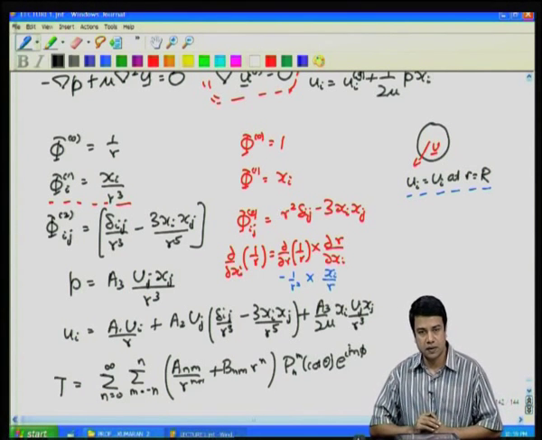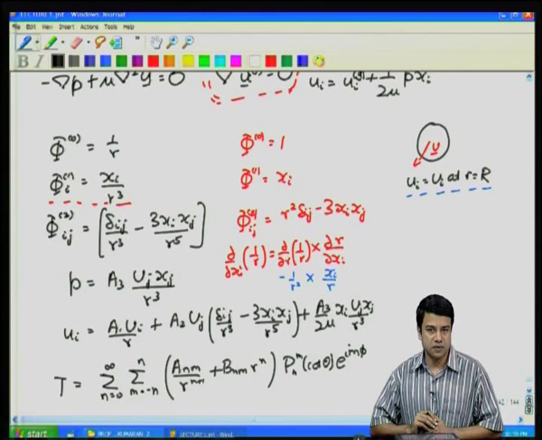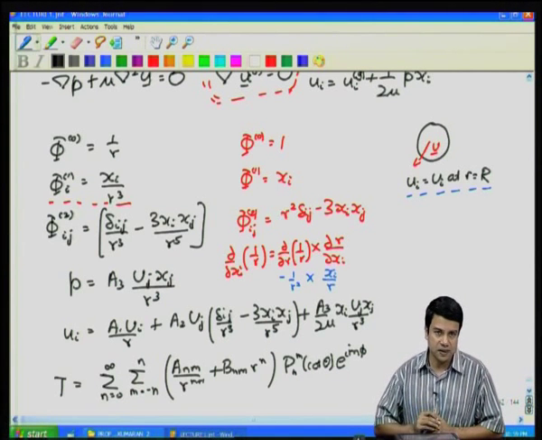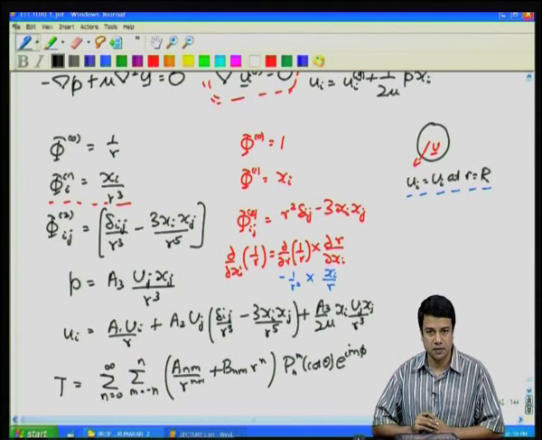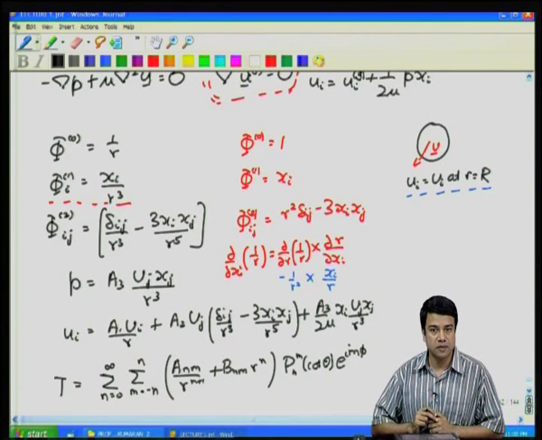So, I showed you that the separation of variables solution for n equal to 0 is the scalar solution 1 over r. For n equal to 1 it is a vector solution, and in the separation of variables procedure you get 3 solutions, m equal to minus 1, 0, plus 1 for n equal to 1. Similarly, for n equal to 2, 3 and so on. So, these are exactly the same solutions that we got. They are linear combinations of these solutions.